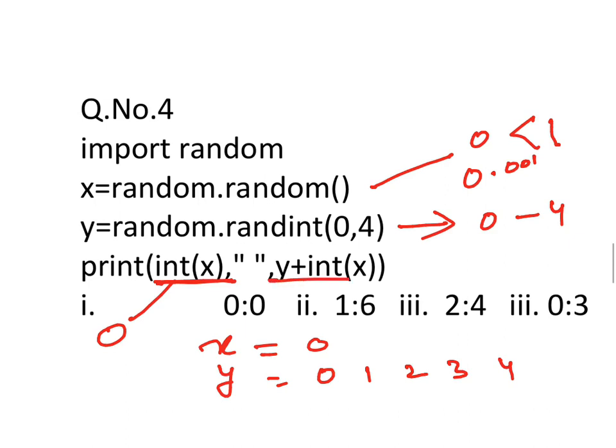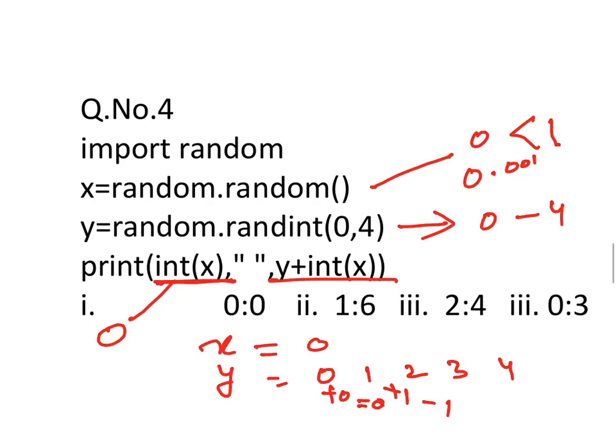Now here you can see y plus integer x. The y value will be 0. First you can take 0, 1, 2, any value, but first you take 0. The x will be 0. So 0 plus 0 equal to 0. Once again, if the value of y is 1, then x is 0, y is 1, 1 plus 0 equal to 1.